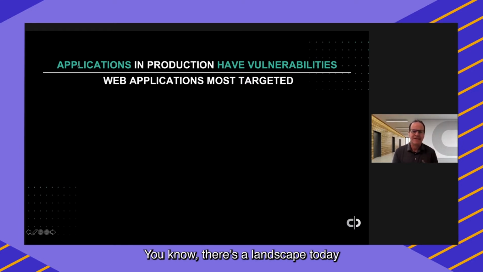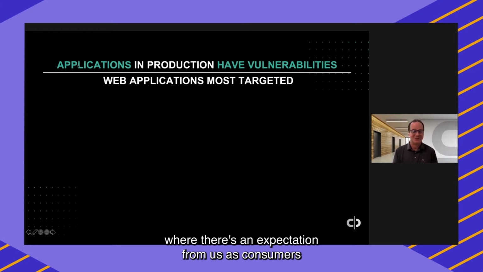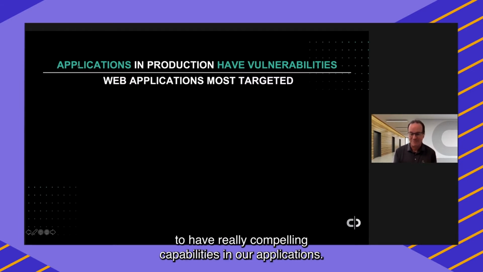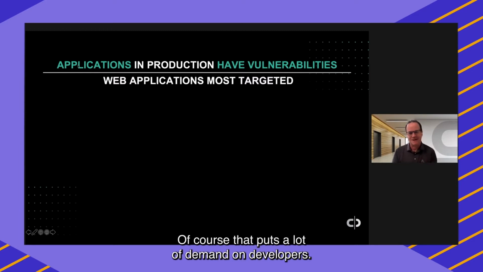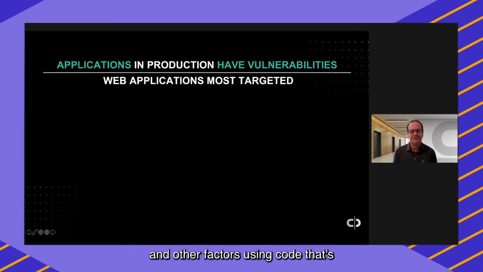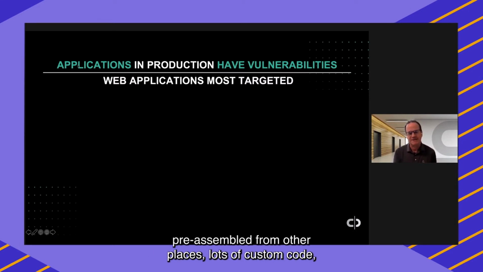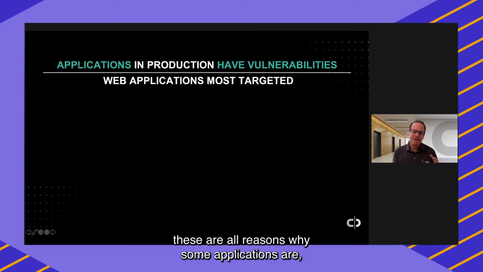Today there's an expectation from us as consumers to have really compelling capabilities in our applications, which puts a lot of demand on developers. So getting applications out into the marketplace quickly, using code that's pre-assembled from other places, and lots of custom code are all reasons why most applications have vulnerabilities in them.